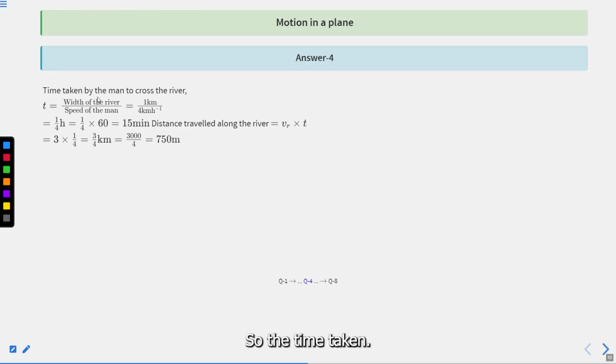So the time taken by the man to cross the river is width of the river upon speed of the man, where width of the river is 1 kilometer and speed of the man is 4 kilometer per hour. Solving this in minutes, the answer will be 15 minutes.